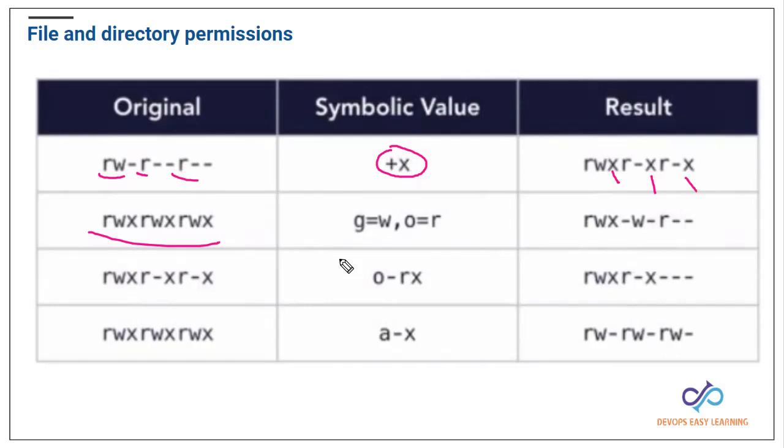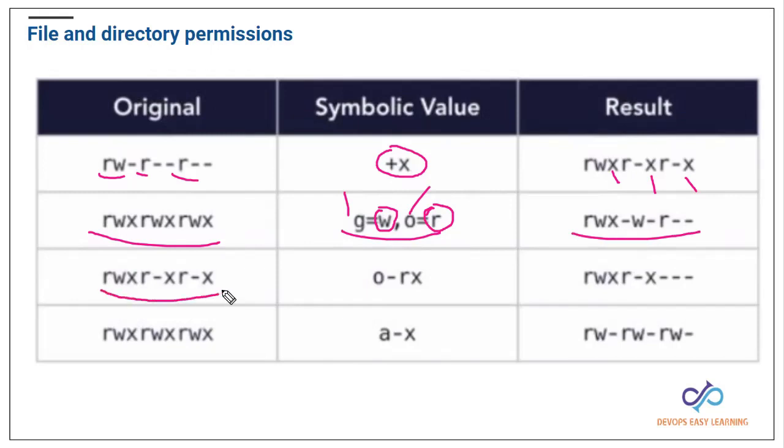If we have this, what does that mean? We can go ahead here and add or remove permission. If you just want to remove the write at the group level and also remove read at the others level, I can go ahead and use this symbolic representation, and that will be the result.